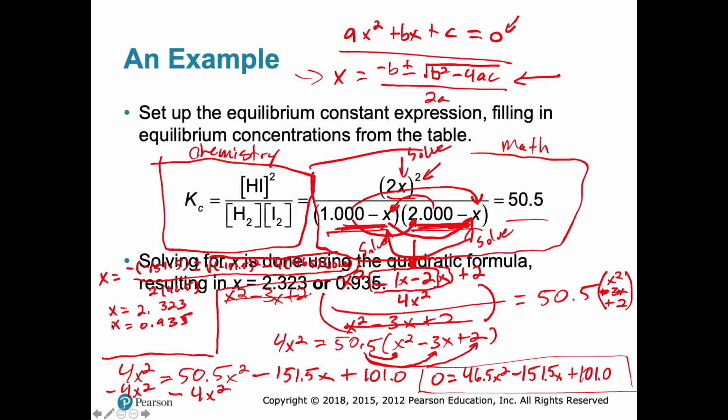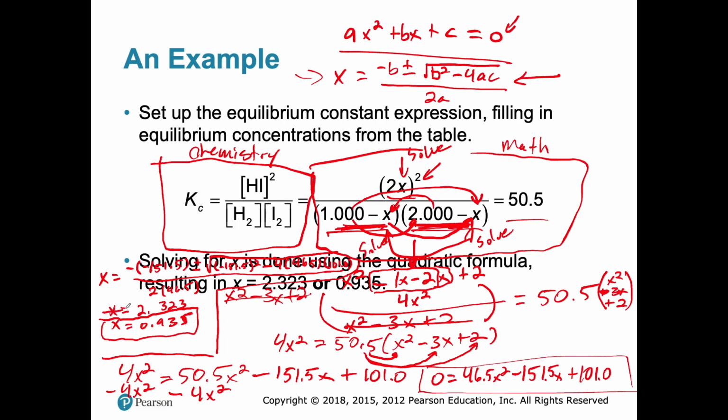Oh, forgot to put the drawing mode on. So the correct x is this one, the 0.935. Does that make sense? That's the correct x.